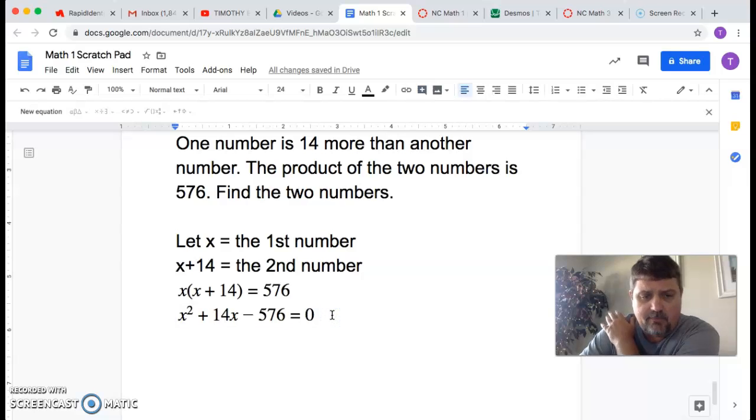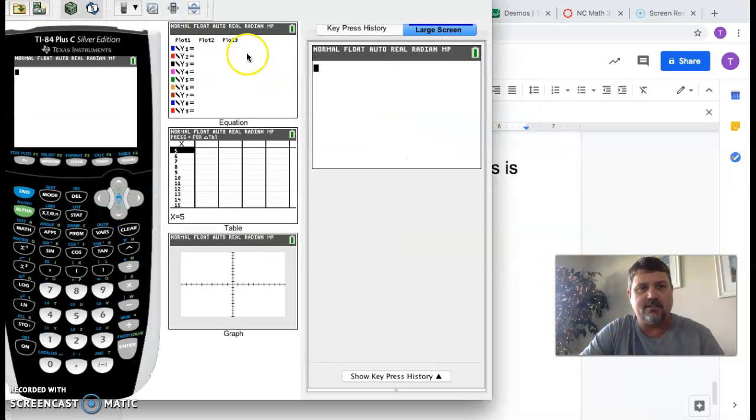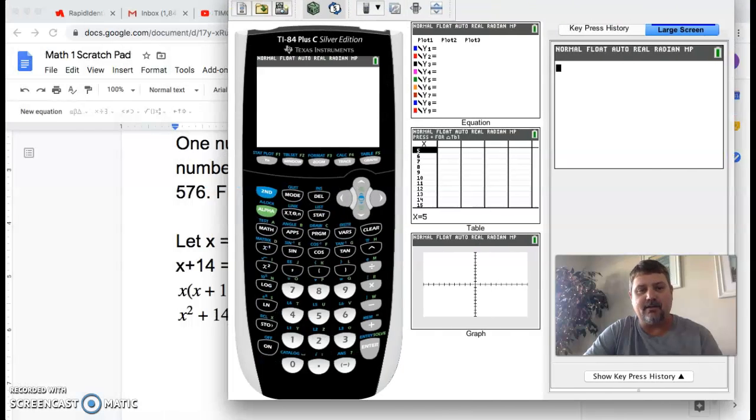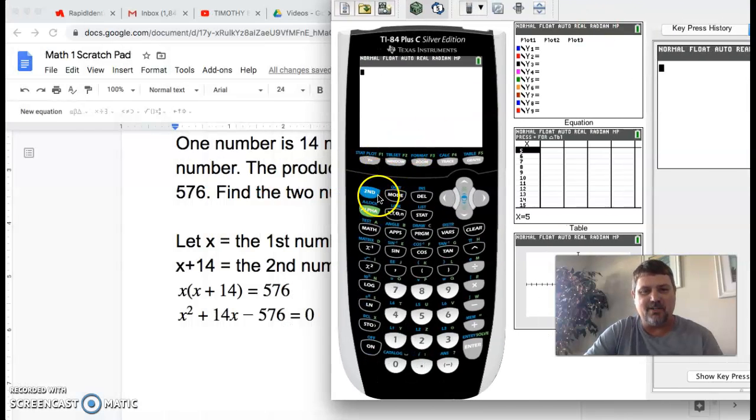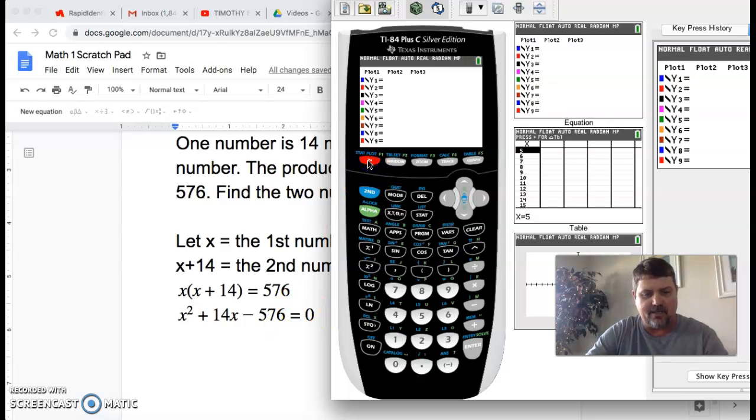Okay, so this is one that we can solve by factoring, but just to remind you one way you can kind of do this, and I wouldn't call it cheating, but if you'll remember, I showed you that if you take that number, because remember we need to multiply to negative 576, add to 14. Well, 576 is kind of big. So remember the trick where you can throw this in the calculator and divide it by x.